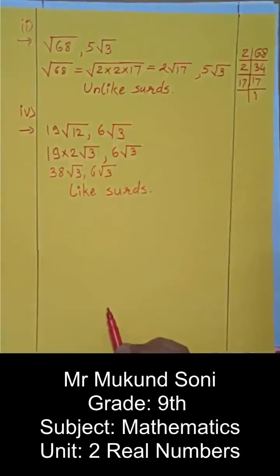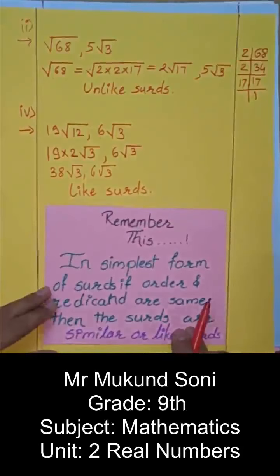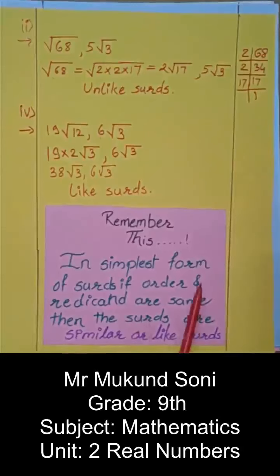So keep in mind, dear students, always remember this. In the simplest form of surds, if order and radicand are same, then the surds are similar or like surds.